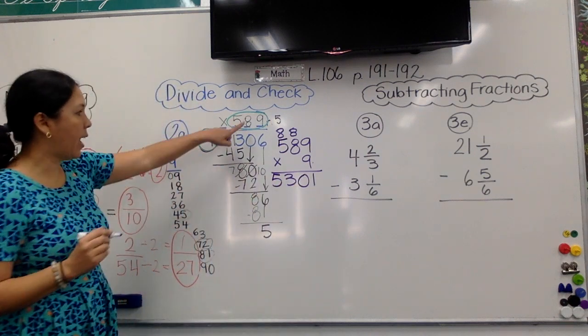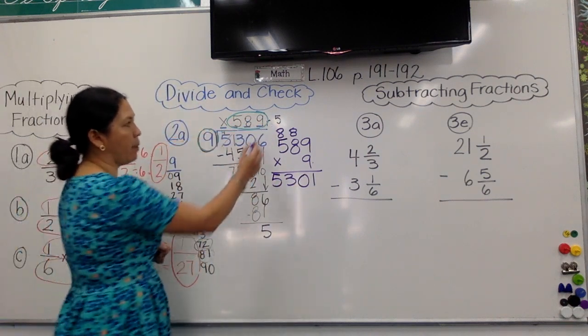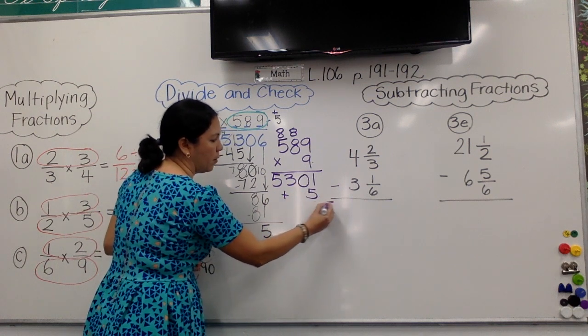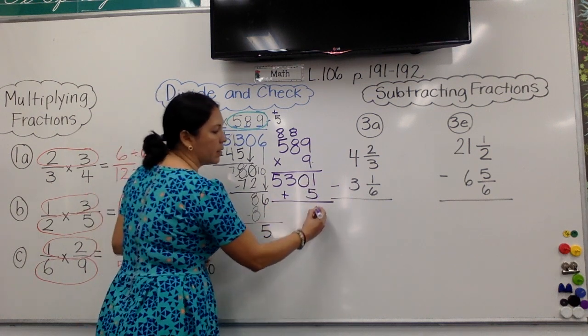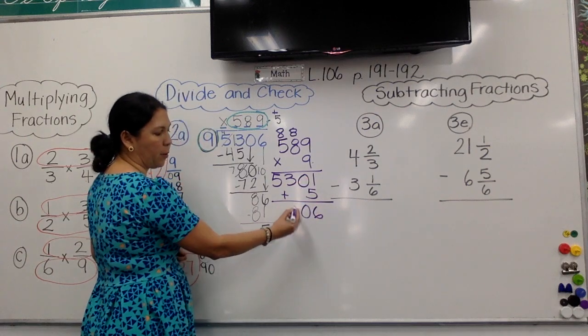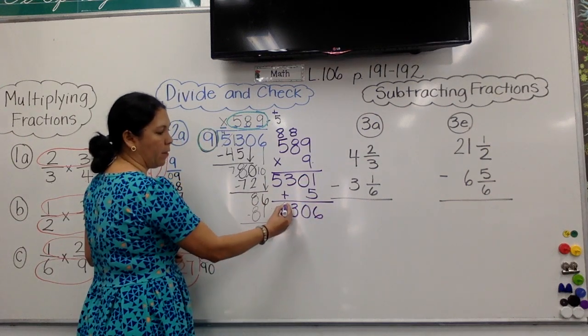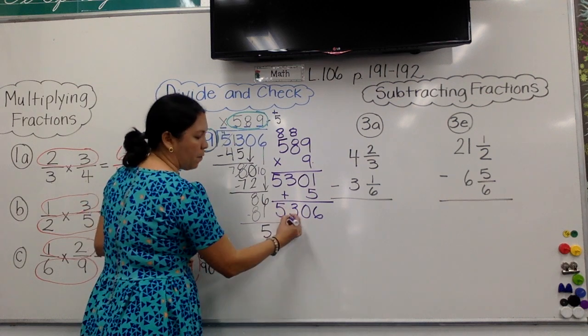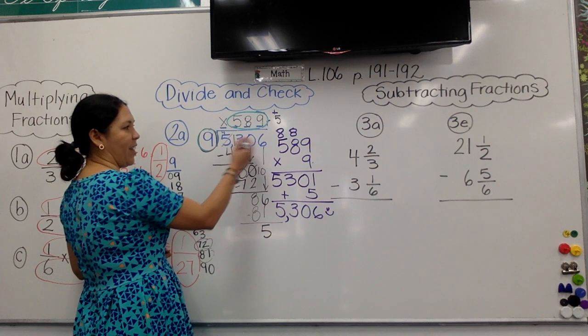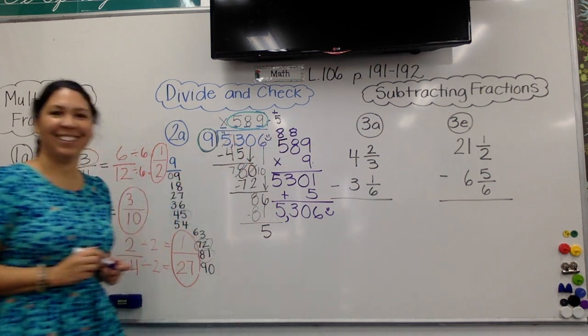All right, and now all I have to do is add my little remainder here. So I'm going to bring that down, plus 5. 5 plus 1 is 6. 0 plus nothing, 0. 3 plus nothing, 3. 5 plus nothing, 5. 5,306 matches 5,306. So we got it right.